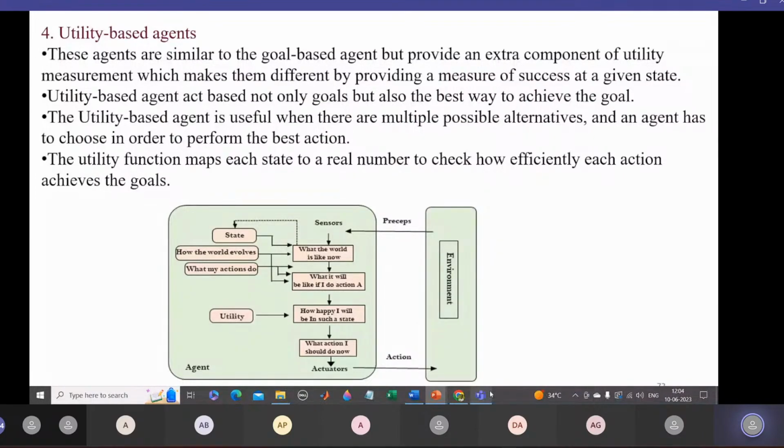What is the world like now, and what will it be like if I do action A? How happy will I be in such a state, and what action should I do now? The utility-based agent maps each state to a real number, measuring how efficient it is, and it is also supposed to achieve the goal.